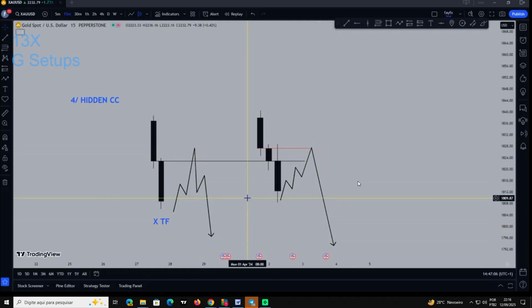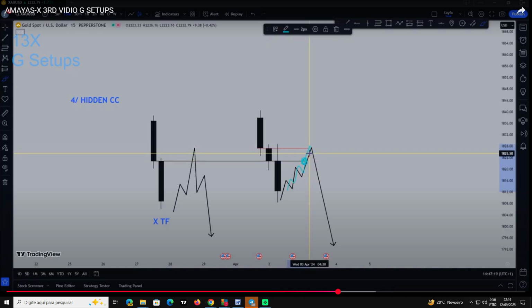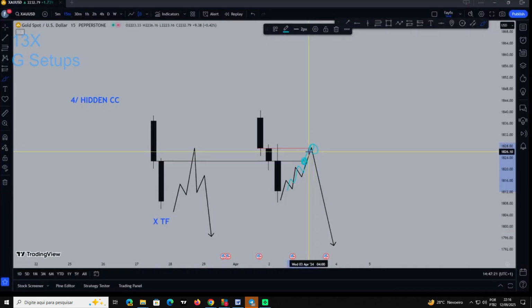That's what we call hidden CC. Price here will come up, ignore the gap level, the main one, to go up to reach the CC that is formed before and continue the move down.